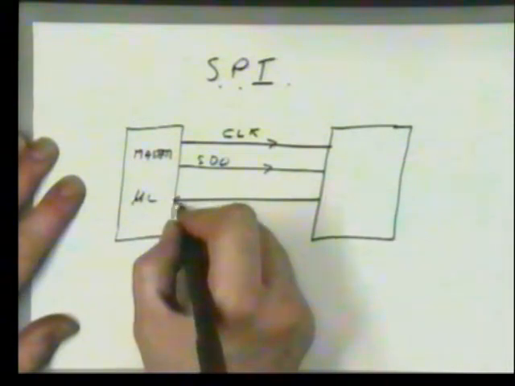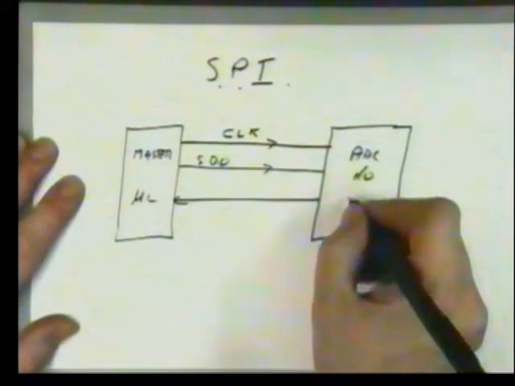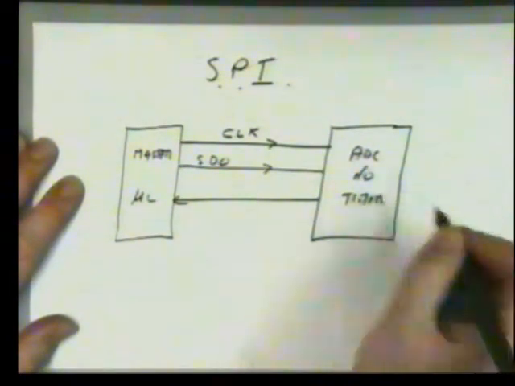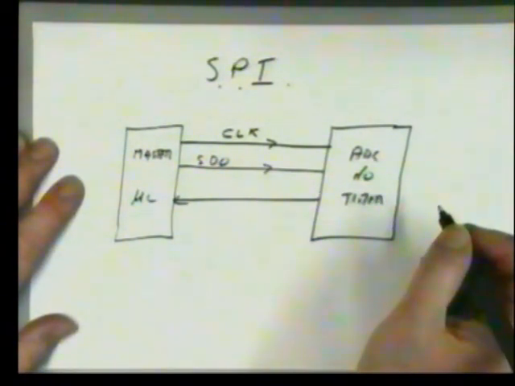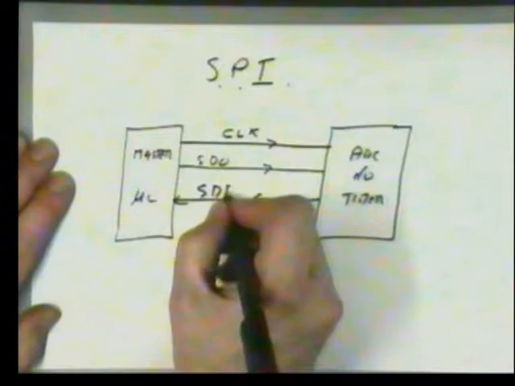And our remote unit could be anything, an ADC, some I/O, timer, whatever it is you have externally. There are dozens of different components you can now buy that you can bond onto your microcontroller using these techniques to expand its internal capability. It always talks back to us along the serial data in wire, SDI.